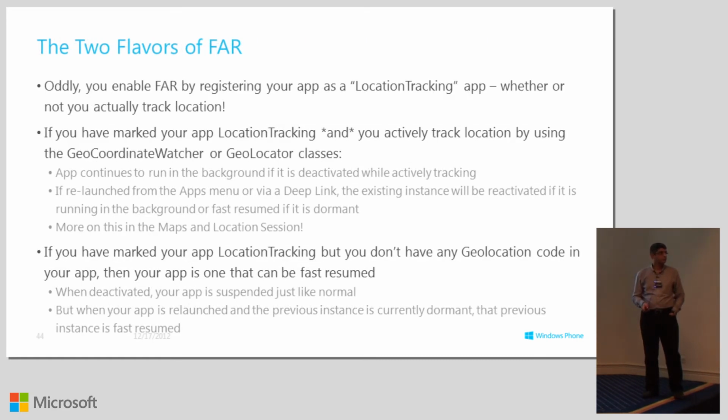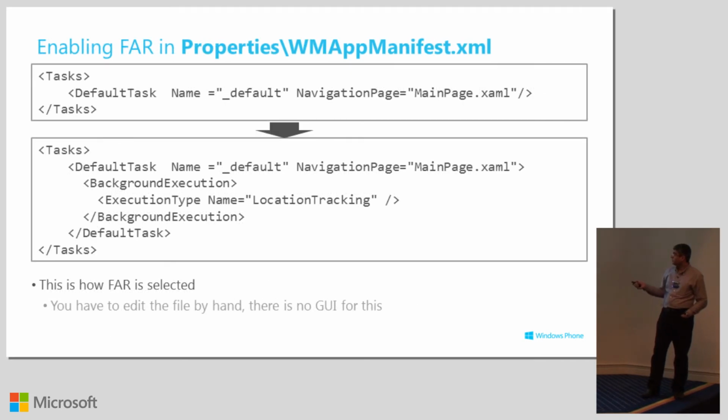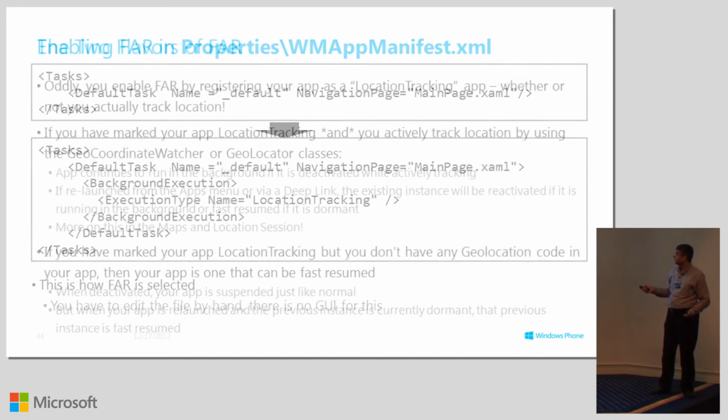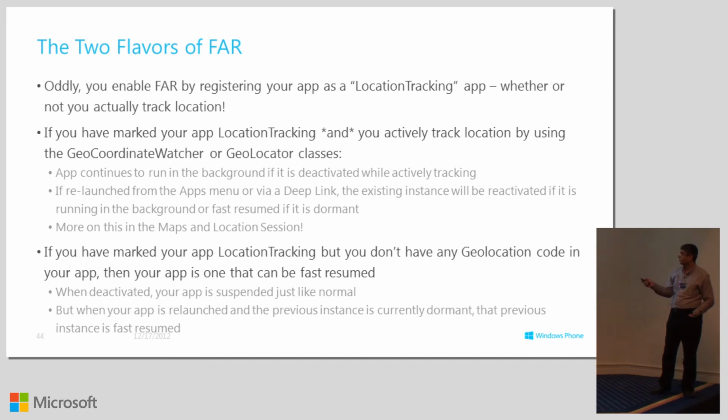Yes? So this is not going to use CPU cycles. Okay? So as I said, there are two flavors of fast application resume. One is the one we talked about, which does not consume CPU cycles. The other is the geo coordinate watcher and geolocator classes.